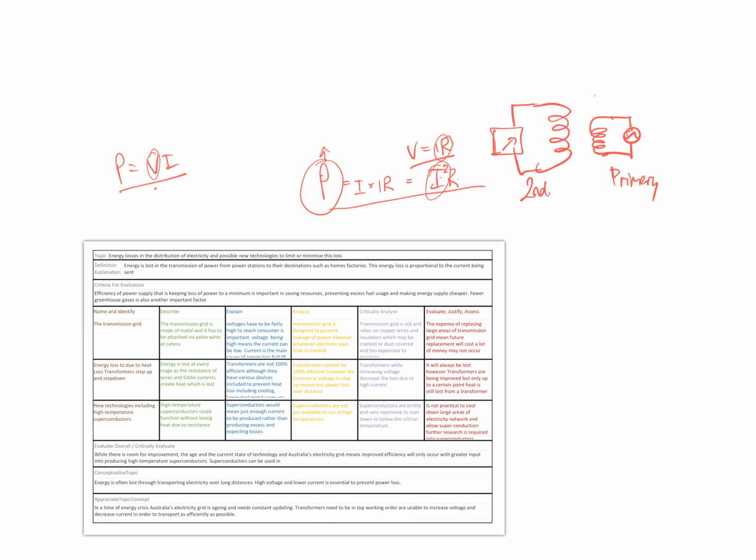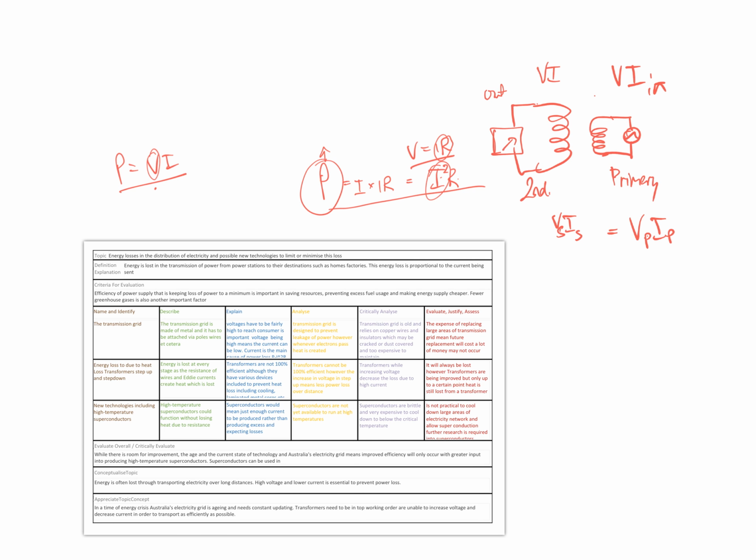So in stepping the voltage up, power in has to equal power out, or V primary times current primary has to equal V secondary times current secondary.